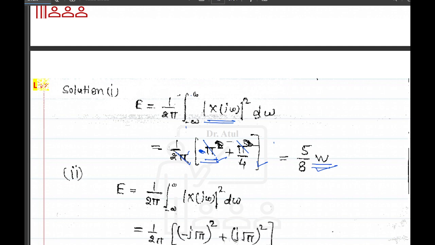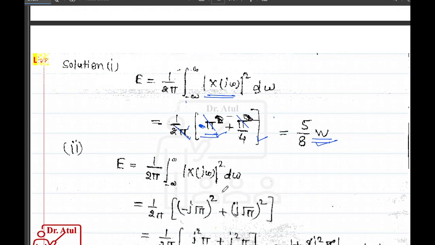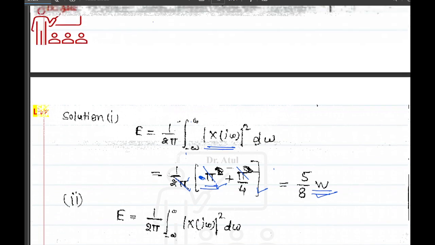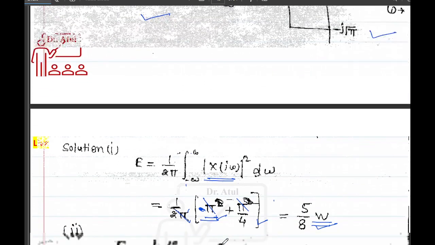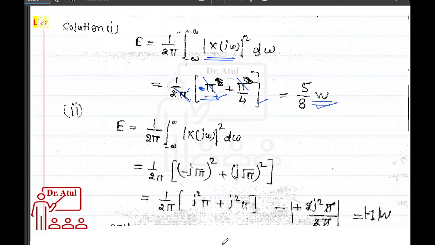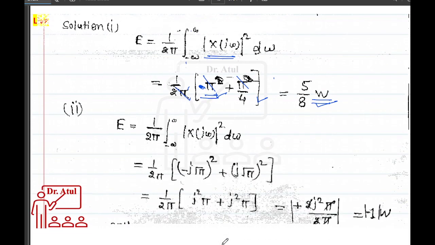In the second expression, this is minus j root pi and j root pi. So minus j root pi and j root pi, whole square becomes j squared pi plus j squared pi.